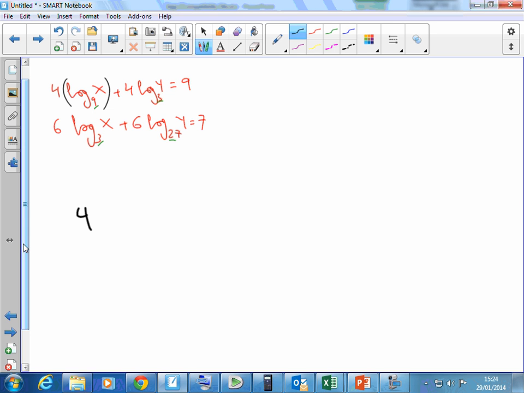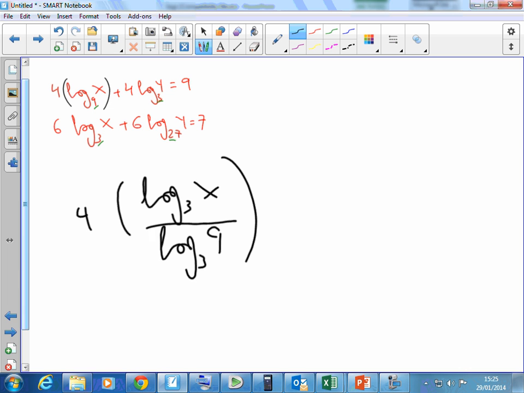Now, when I change the base, it's log to the base 3, remember what I said, choose the lowest one, of x over log to the base 3 of 9, plus 4 log to the base 3 of y is equal to 9.